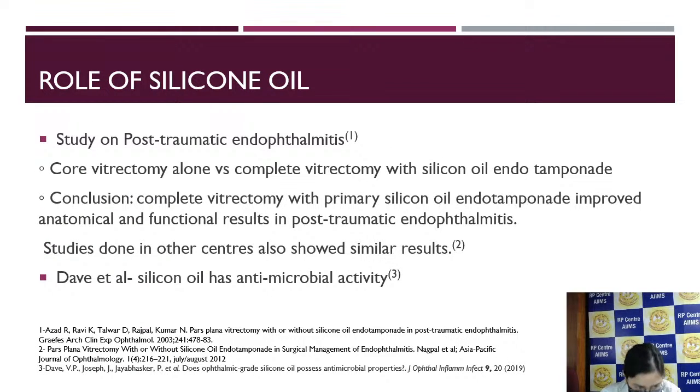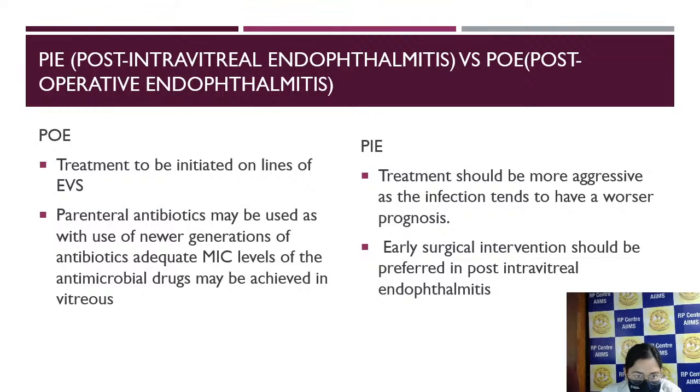There's a study from our center which compared core vitrectomy alone versus complete vitrectomy with silicone oil endotamponade. The conclusion drawn was that complete vitrectomy with primary silicone oil improved anatomical as well as functional results in post-traumatic endophthalmitis. Dave et al. from our center also showed that silicone oil has antimicrobial activity. So again, it's up to the discretion of the surgeon.